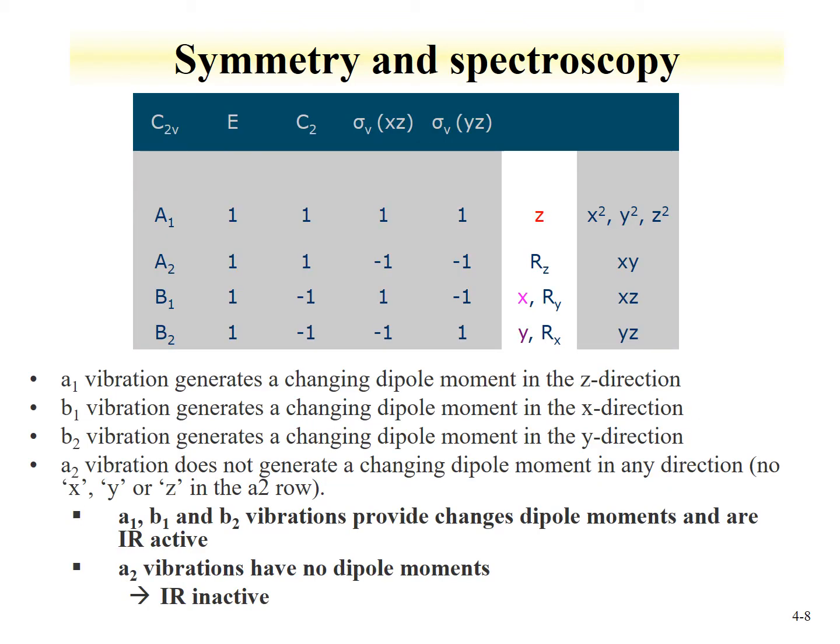One of the main utilities of evaluating the point group is to assess the potential spectroscopic properties of the molecule under evaluation. Here's a group theory table for the C2v point group. This shows which orbitals will be affected.